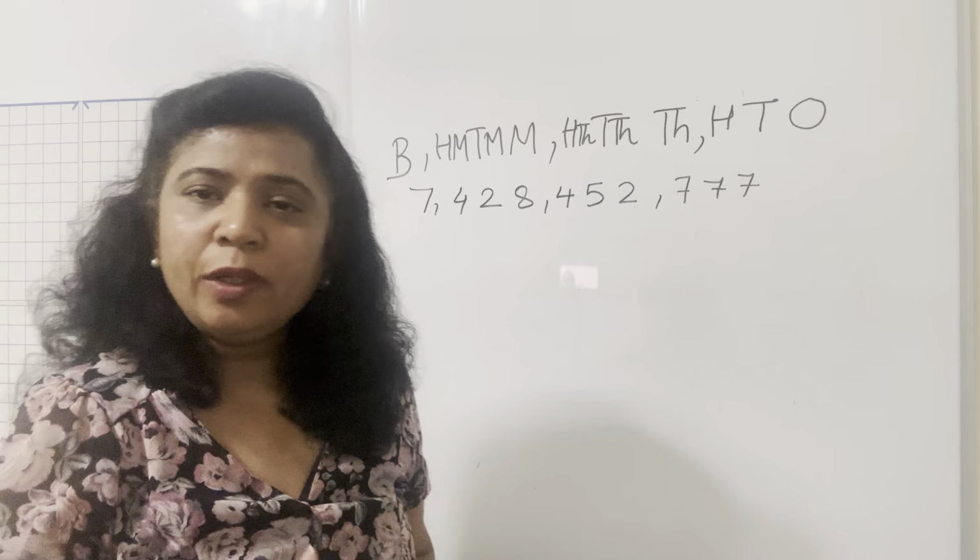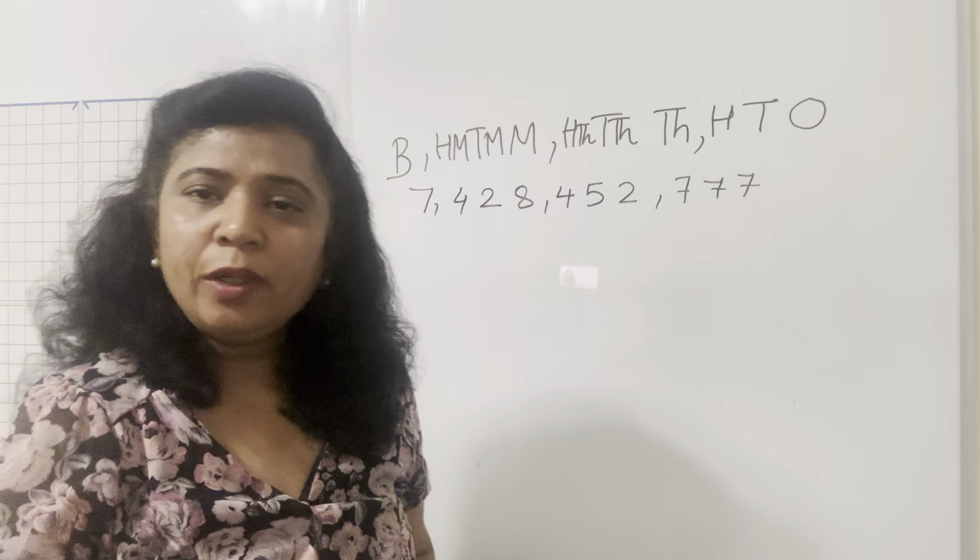So 7 multiplied by 1 billion, 4 multiplied by 100 million, 2 multiplied by 10 million, 8 multiplied by 1 million, 4 multiplied by 100,000, 5 multiplied by 10,000, 2 multiplied by 1,000, 7 multiplied by 100, 7 multiplied by 10, 7 multiplied by 1.